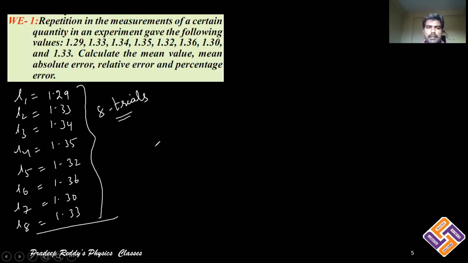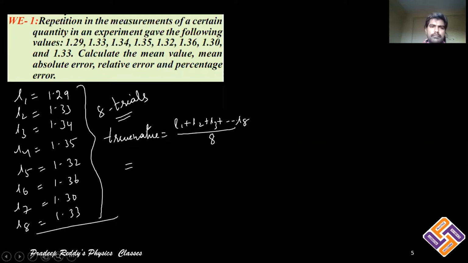From all these 8 trials, you should take the true value. How to find the true value? You will add all of these and find the average. So true value is equal to L1 plus L2 plus L3 and so on up to L8, divided by how many values there are, 8. Divided by 8. Okay.